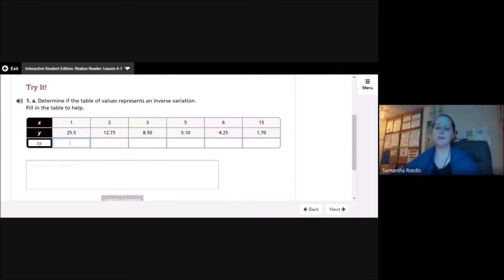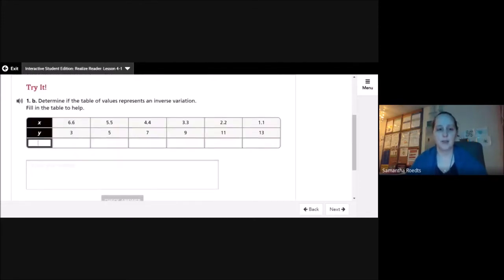So I have 1 times 25.5 is 25.5. 2 times 12.75 is 25.5. 3 times 8.5 is 25.5. 5 times 5.10 is 25.5. 6 times 4.25 is 25.5, and 15 times 1.70 is 25.5. So this is an inverse variation.